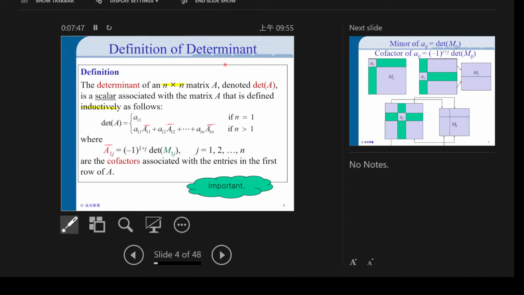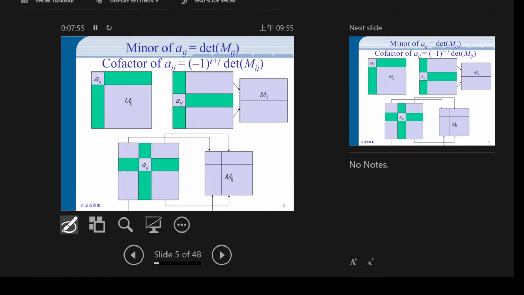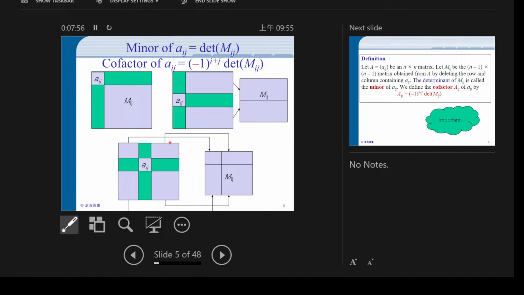Okay, and to make the notation a little nicer, we put a bar on top of the minor Mij to make it different from the sub-element. Anyway, Mij is defined as the matrix related to the ij element.